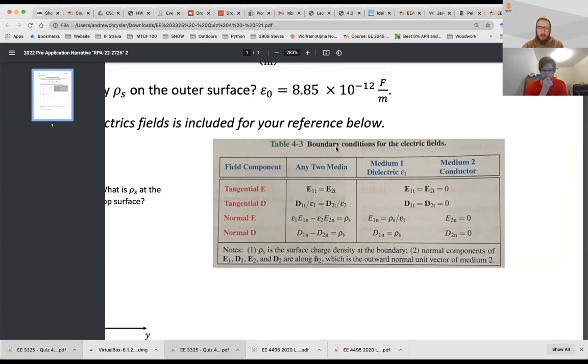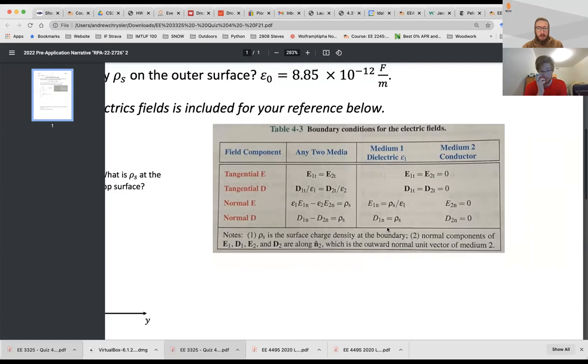And then we can choose either two media, like two dielectrics, or the medium with the dielectric and the conductor. So this is what we should choose, right? We've determined that we should be looking in this part of the table because this describes the boundary conditions for two different media.